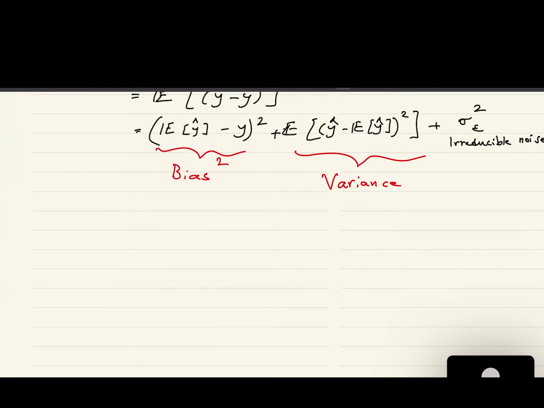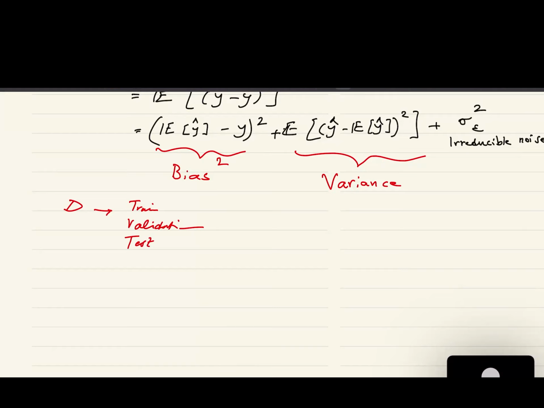I keep saying that we evaluate the model eventually on data that the model has not seen. That's why we split the data set into different splits of training, validation, and test.